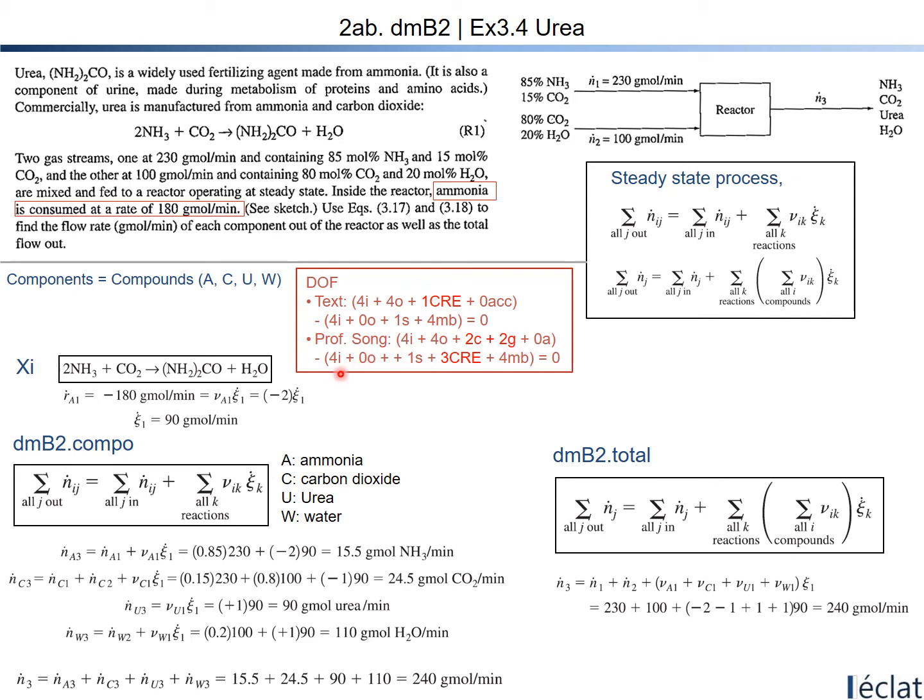Freedom minus restrict. So input, output, accumulation, the same thing. But in my method, I will count the number of consumption terms and generation terms. Let's go to the balanced chemical reaction equations. So you have 2 reactants and you have 2 products.